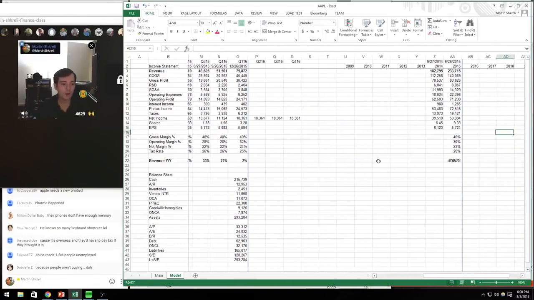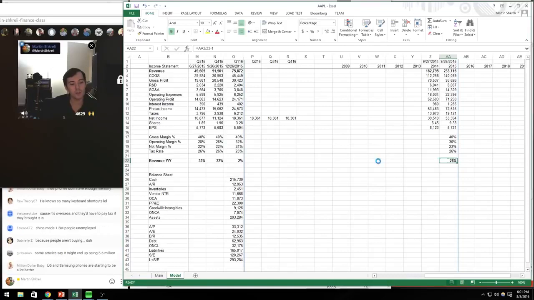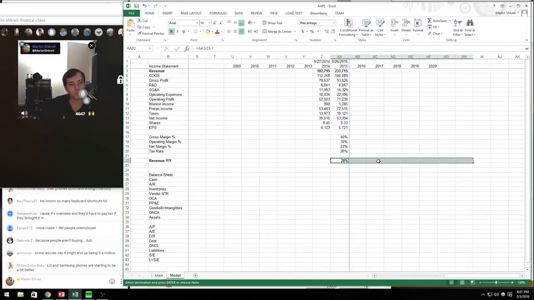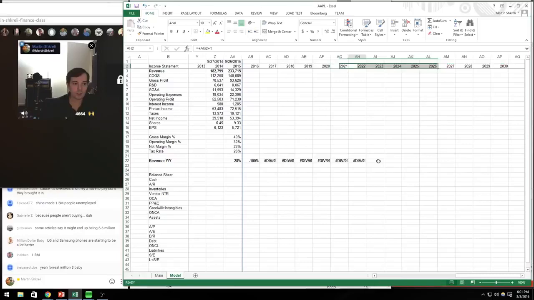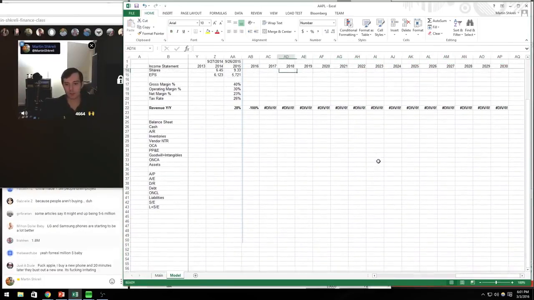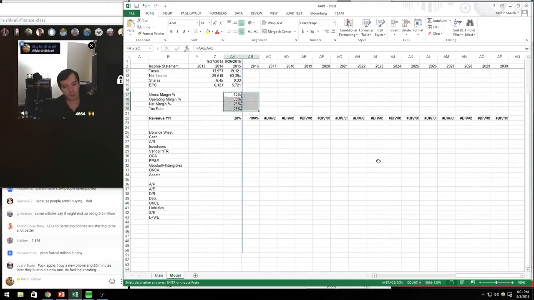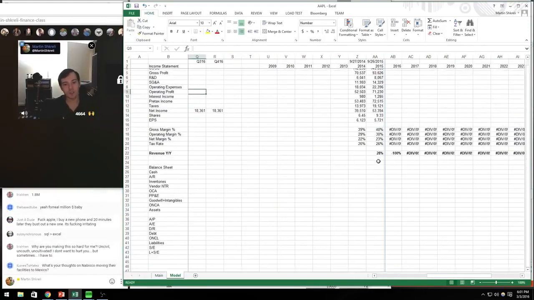Done. All right. Now you can see year over year, revenue in general grew about probably 30% is my guess. 28%, good. I'm going to copy and paste this going forward. I'm going to extend this out another, say, 15 years or so. Our model is taking shape very nicely, if I do say so myself.